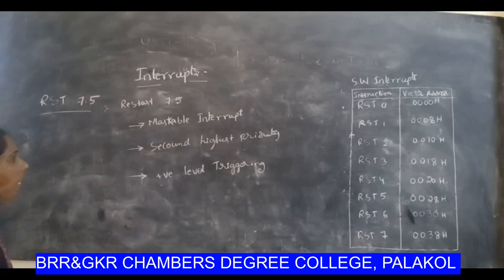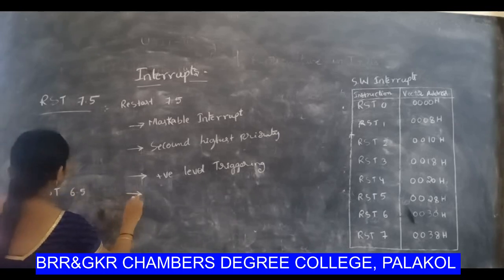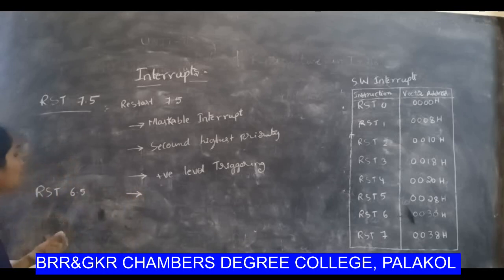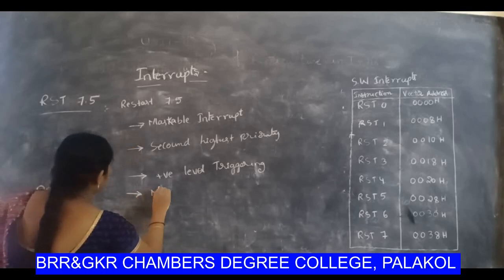Okay, so next one is RST 6.5. RST is nothing but restart 6.5, and it is also a maskable interrupt.